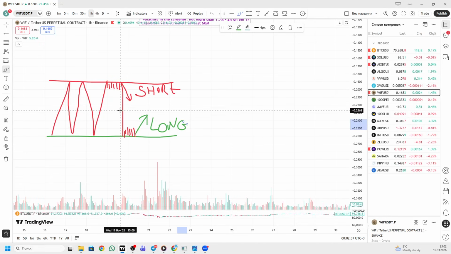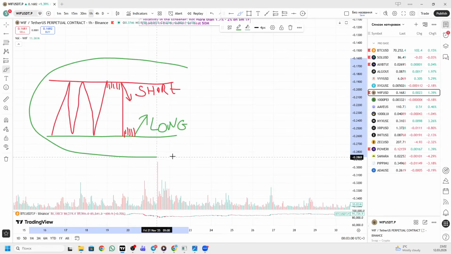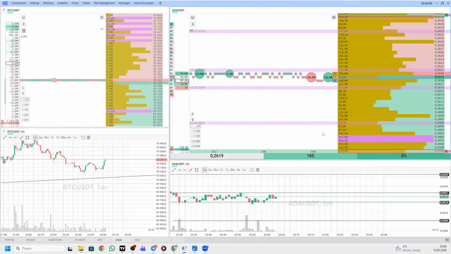I think for now your task actually is simple. You have to find strong levels and try trading it and see how it works out for you, okay? So I think this is not that difficult. The only thing which is a little bit confusing is this part.